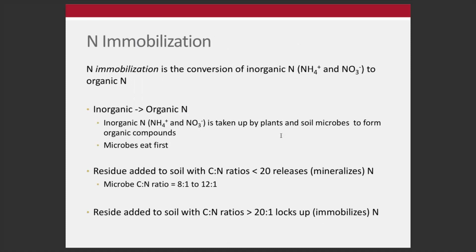Okay, so immobilization, again, is this embodiment of nitrogen into tissue. By the textbook definition, it's the conversion of inorganic N, that is ammonium and nitrate, into an organic fraction. Microbes eat first, and this is a really important concept when we think about managing nitrogen: microbes have very porous membranes.